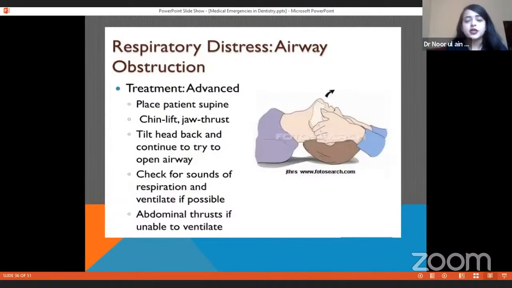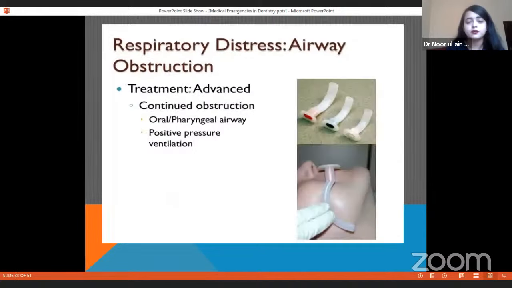In advanced stages, place the patient supine, chin lift, jaw thrust, and then head tilt back and continue to try to open the airway. Check for sounds of respiration and ventilation if possible. Abdominal thrust if unable to ventilate. And treatment in advanced stages is continued here: if obstruction persists, oropharyngeal airway, and positive pressure ventilation must be applied.